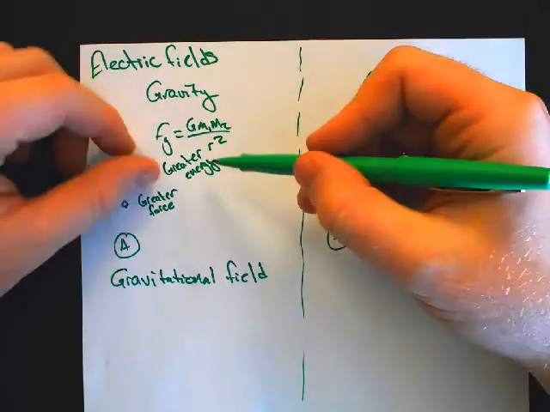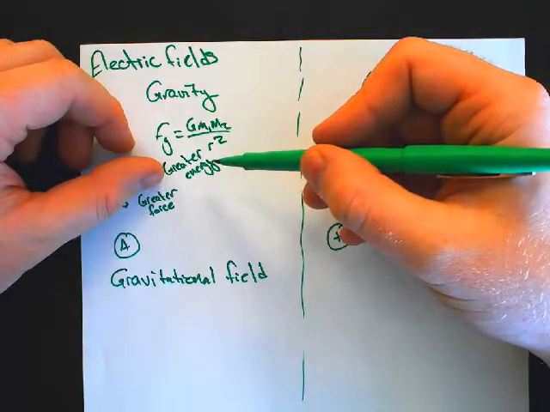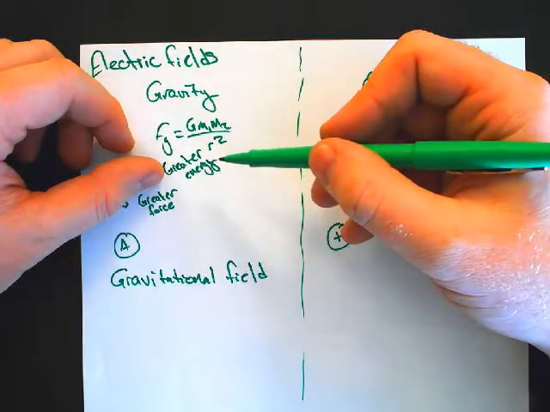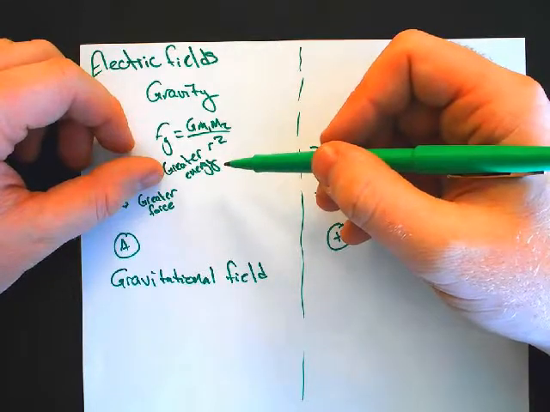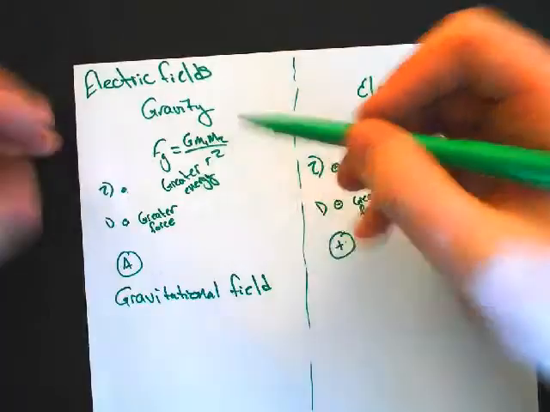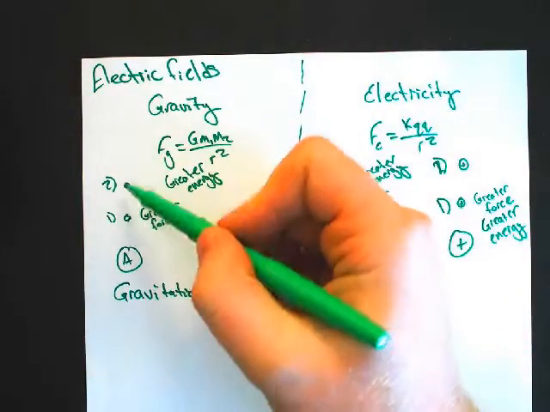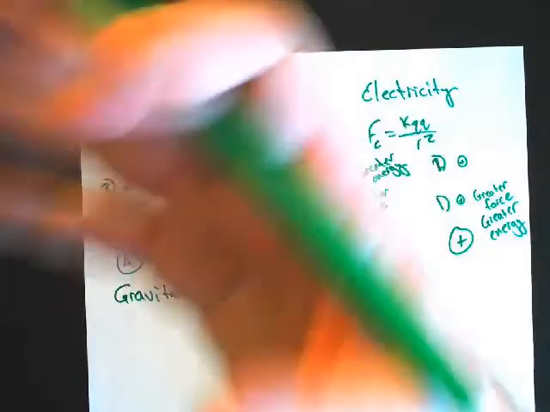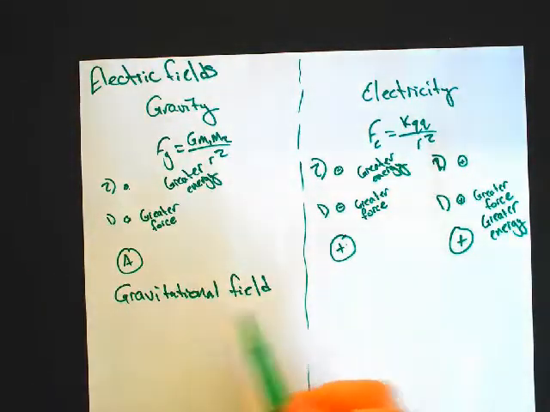Okay, and then gravitational energy. Well, in your conservation of energy unit, how many times did you just cancel out the m from mgh and just worry about the gh value? Basically, every time we did a problem, right? So really, when we're considering which one has greater force, which one has greater energy, we don't really care what the object is here, because if they're the same, they're bringing the same thing to the table. So really what we're concerned with is gravitational field.